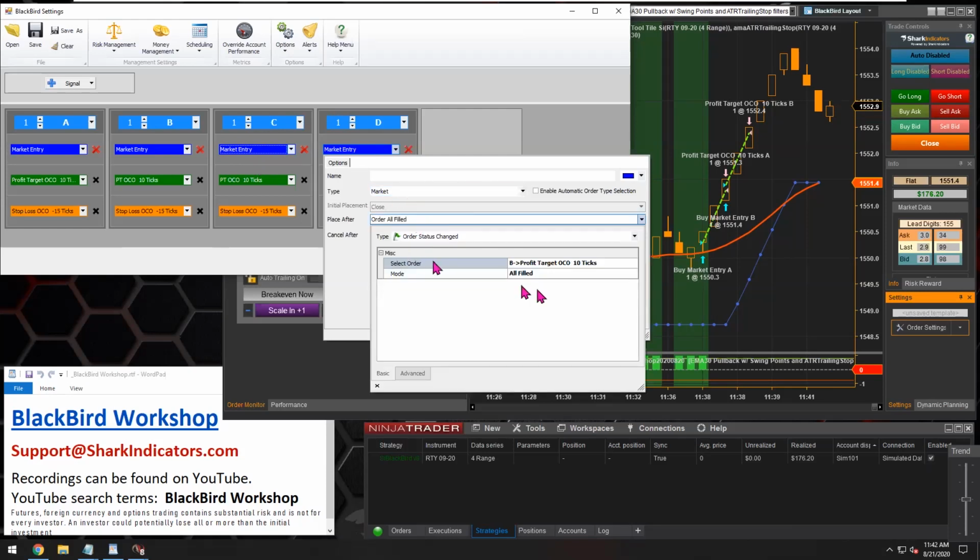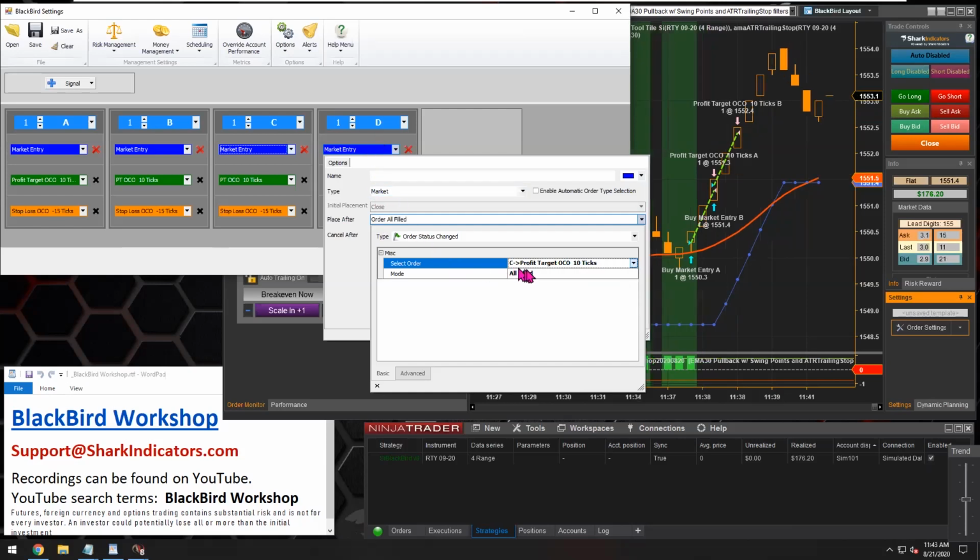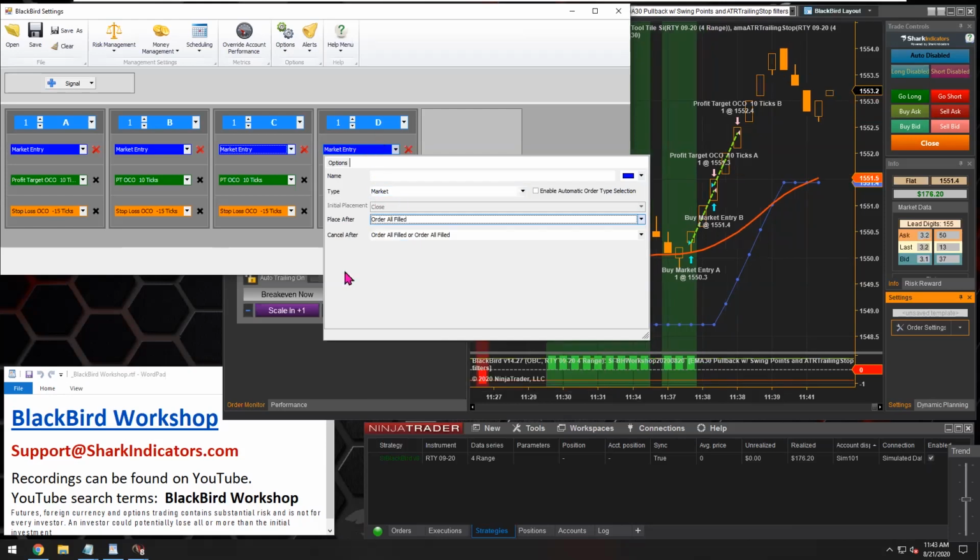So we just need to make some quick adjustments here. All right, so the place after for D is going to look at the profit target for C, and then the cancel after.